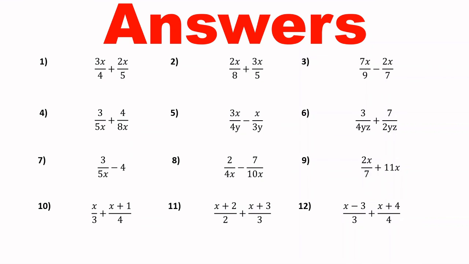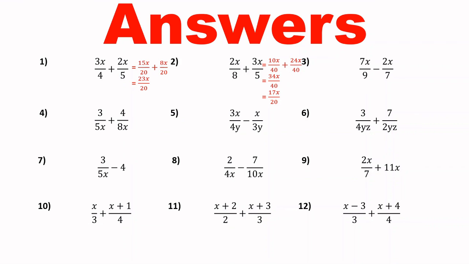For question 1, our common denominator should be 20. And then adding our numerators. For question 2, our common denominator should be 40. Then adding our numerators, 34x over 40, which could still be simplified, dividing both top and bottom by 2.